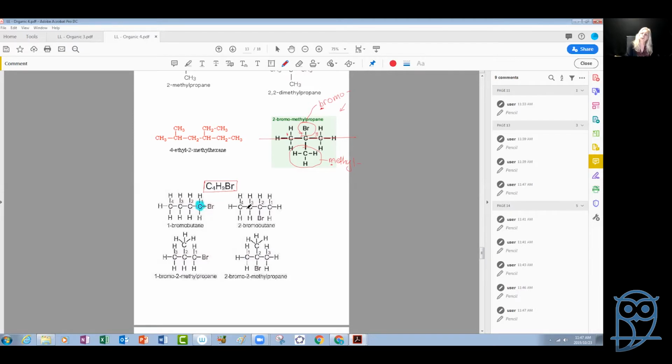So these 2 are isomers with the same molecular formula, in which the position of the bromine has changed. So these 2 are called positional isomers.